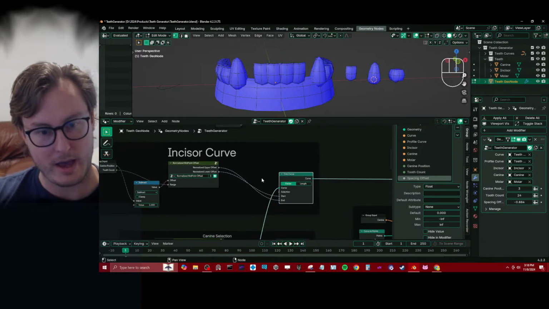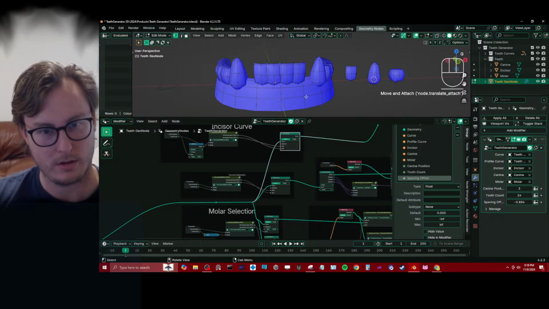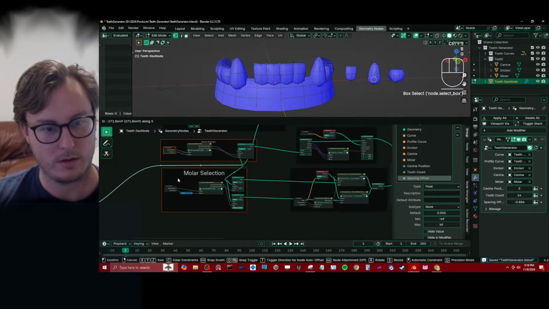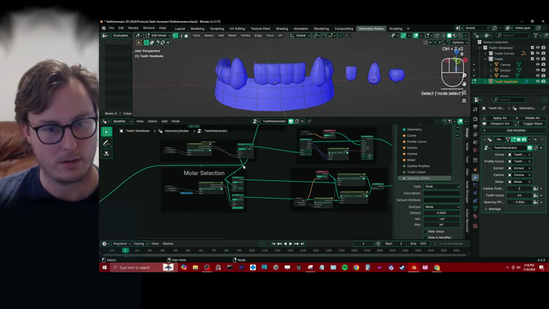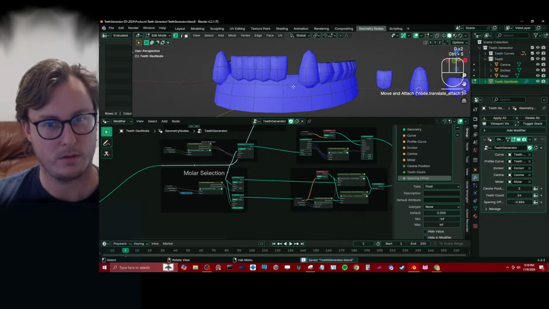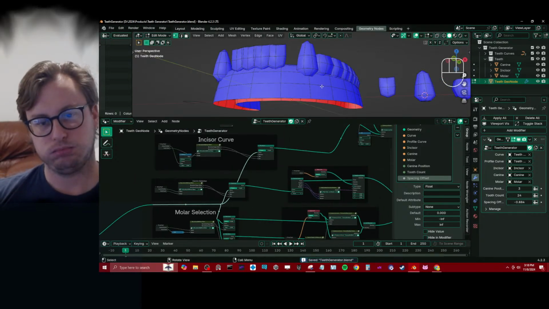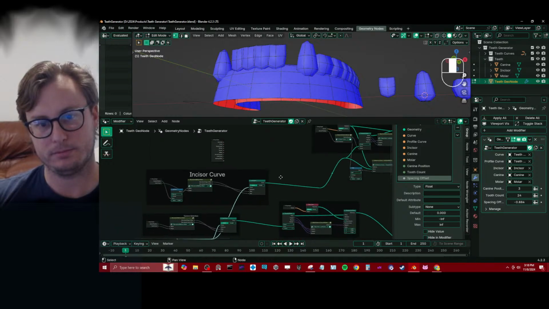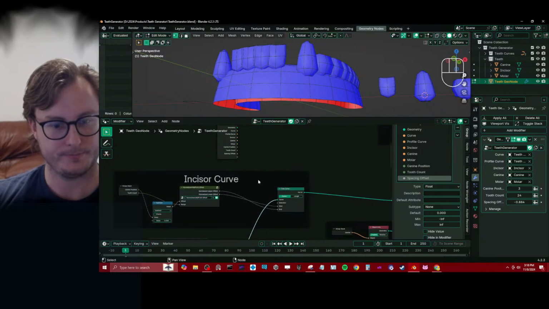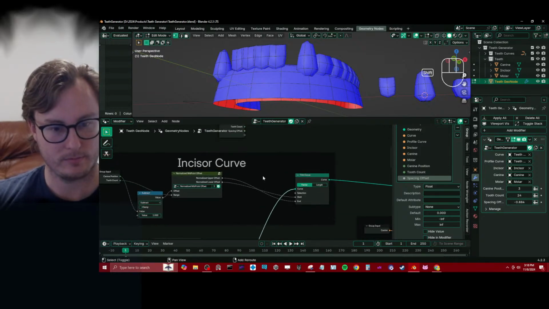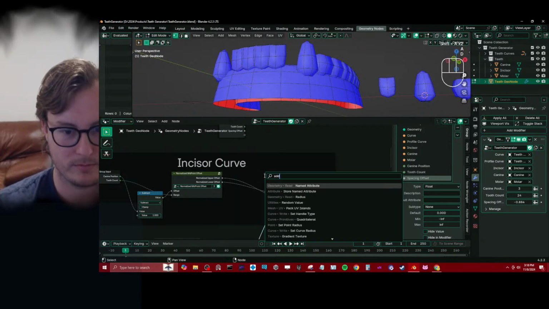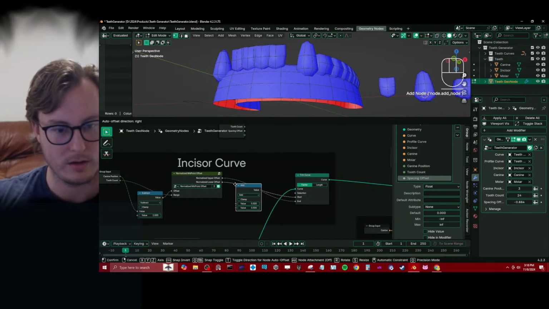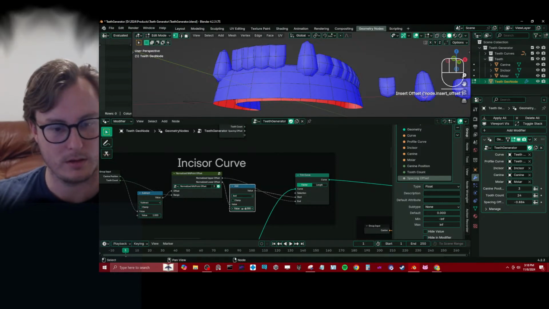We need to add or subtract from. That actually be subtract.